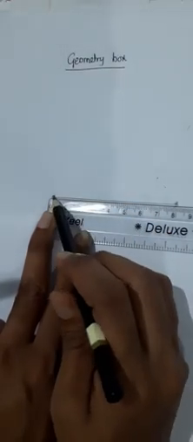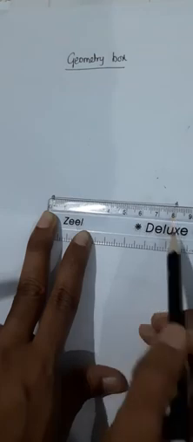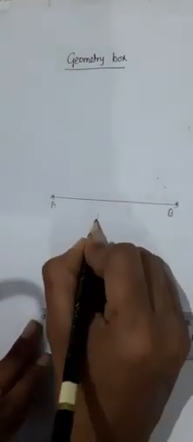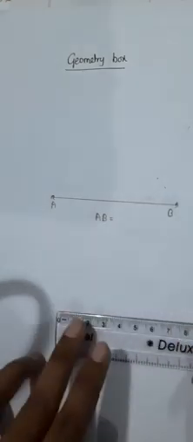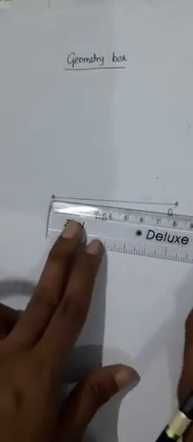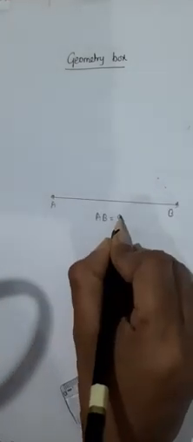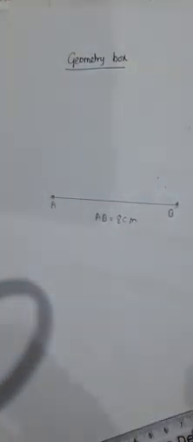You start with one end placed on the 0 mark, and then you measure the other. So this length AB is 8 centimeters. AB has a measure of 8 centimeters.